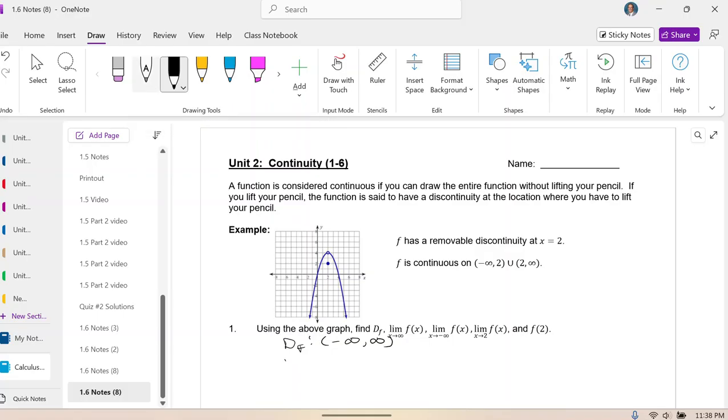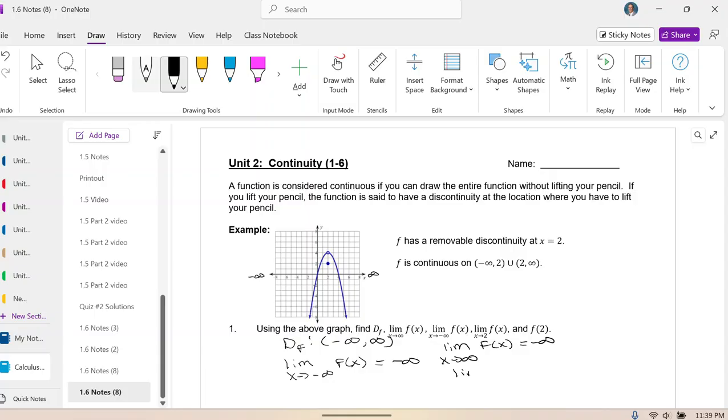As far as the limit as x goes to negative infinity, that would be negative infinity. The limit as x approaches positive infinity, remember infinity is here, negative infinity is there. Notice it's going down, so it's still negative infinity.